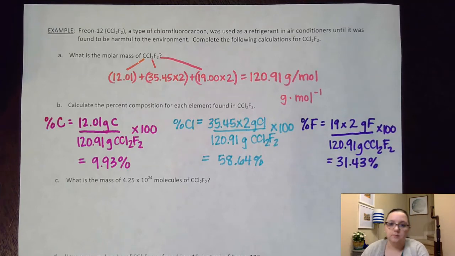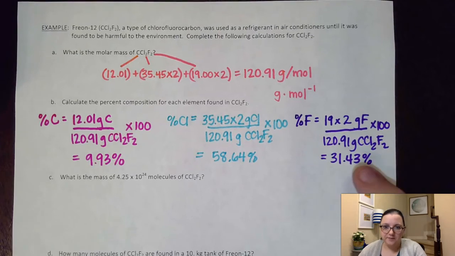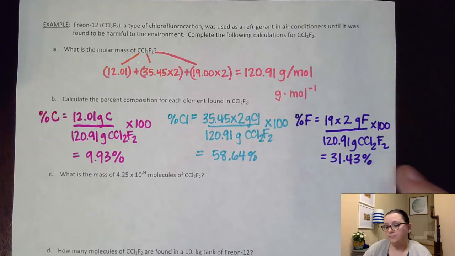Now, to be honest, I could have figured out this fluorine a sneaky way. Obviously, the 3 percentages should tally to be really darn close to 100. I mean, it should be 100 on the nose, but sometimes with rounding and things, you might come out to 100.01 or 99.9. So theoretically, I could have gotten this last percentage by subtracting the other 2 from 100.